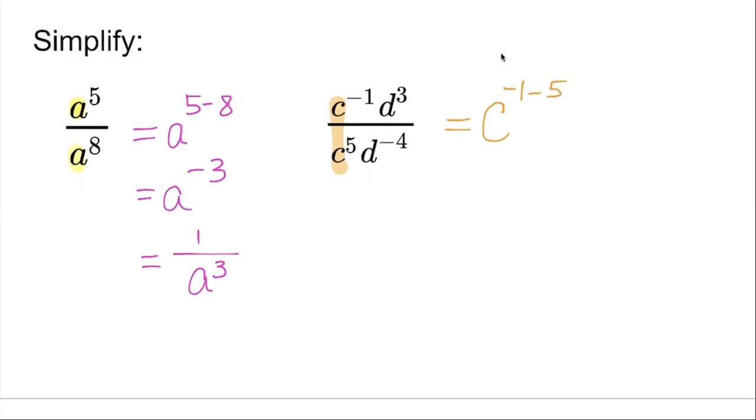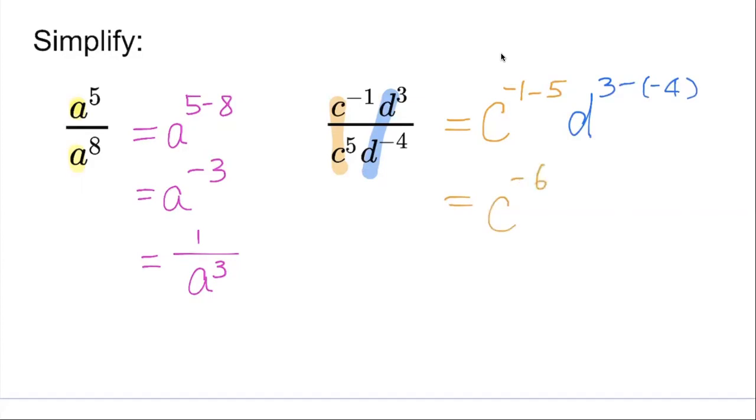And then I'm going to look at my d. So for the d here, it's another division. When you're dividing with the same base, we'll subtract. So 3 minus, in this case, minus negative 4. So when I simplify here, c to the minus 1 minus 5 is negative 6.